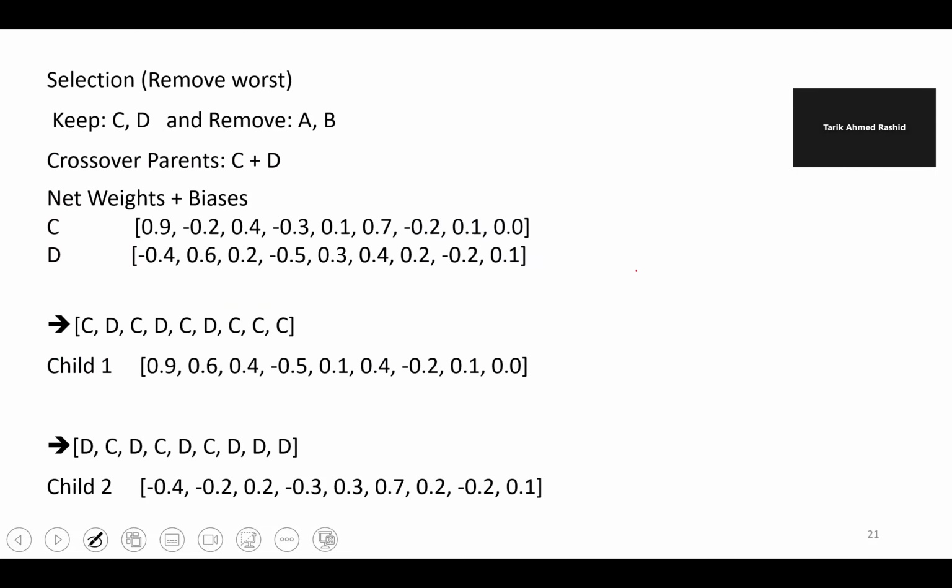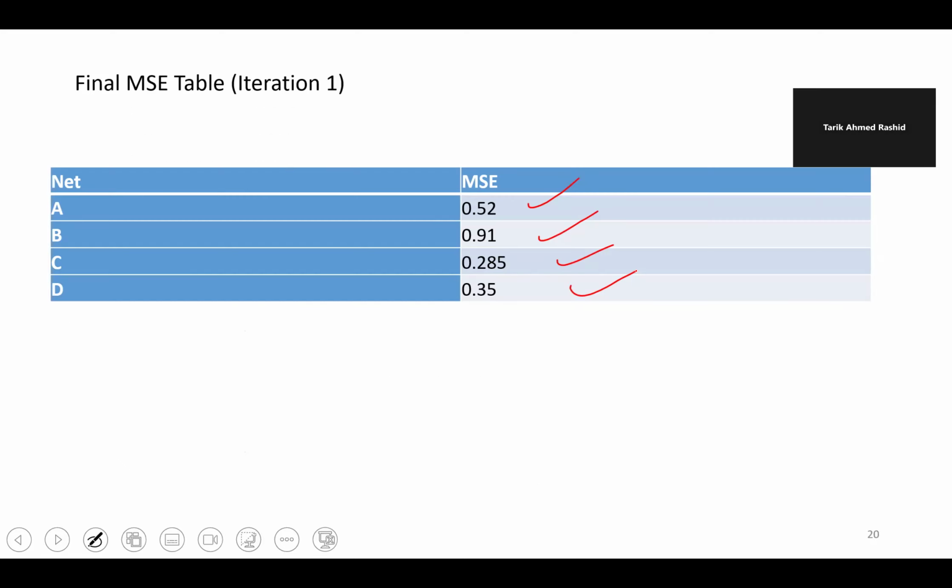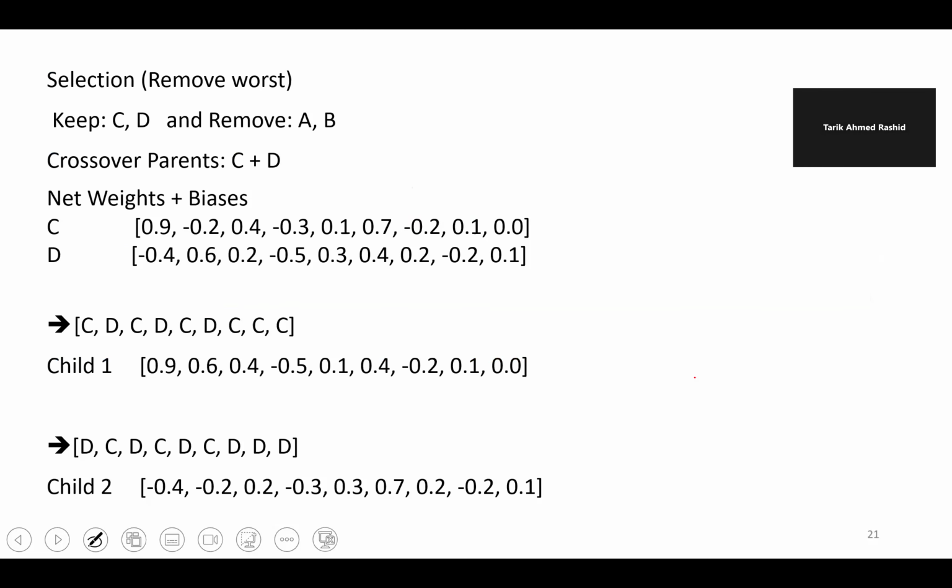So we will select C and D. 0.52 is big, and 0.91 is big. So network A cannot be selected, and network B cannot be selected. Only C and D are selected.